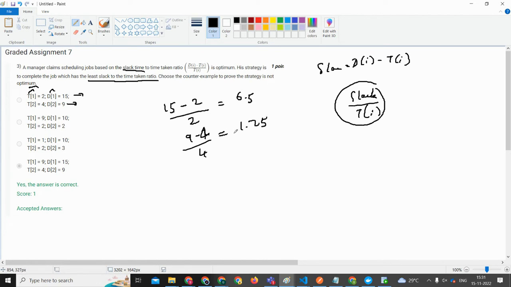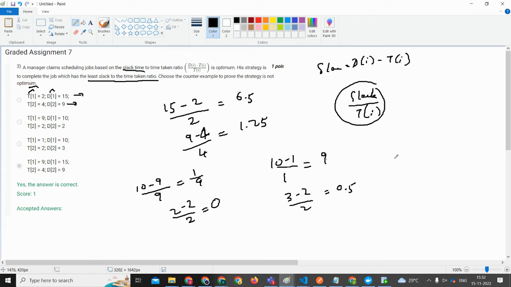So we have such a ratio here. Let's go next: 10 minus 9 divided by 9, it's 0.11, 1 by 9. Then 2 minus 2 divided by 2, it's 0. Then 10 minus 1 divided by 1, it's 9. Then 3 minus 2 divided by 2, it's 0.5.